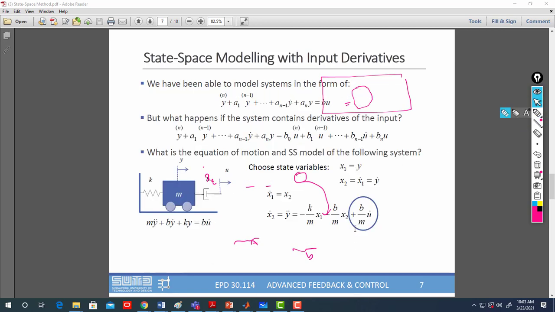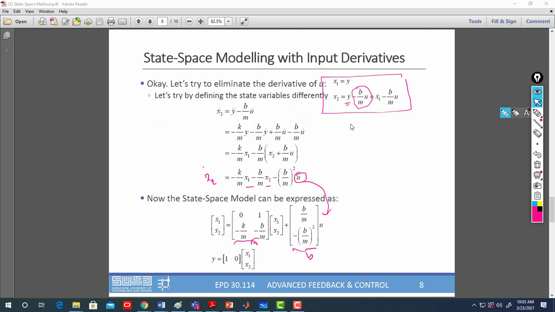Because we want to get rid of b over m u prime, so we added minus b over m u. So the derivative of it will cancel. You see here they are cancelled. The remaining parameter is u. Good, that's the way we go.